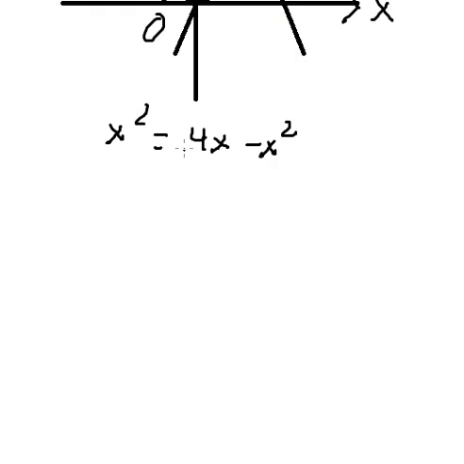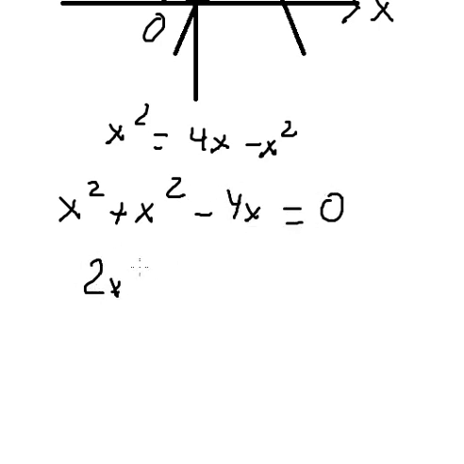I will put this one to the left. So we have 2x squared minus 4x equals 0. Now we need to find the solutions of this one.